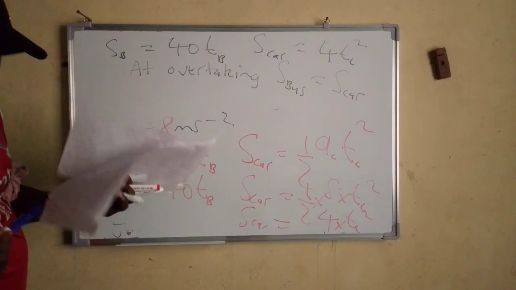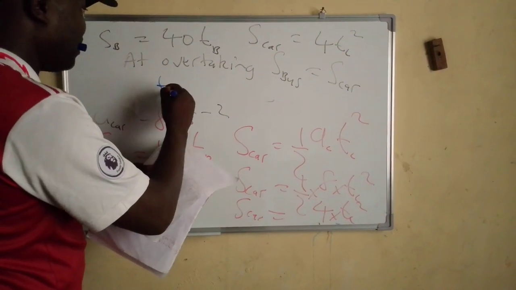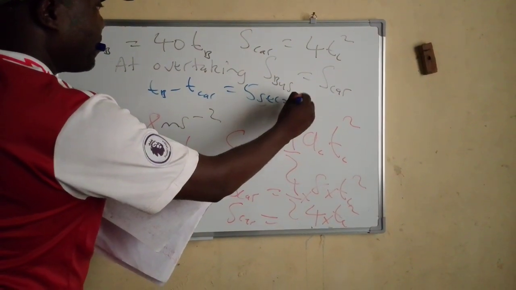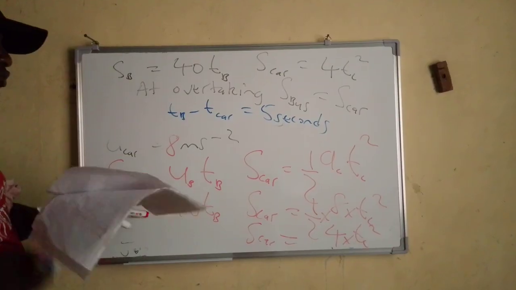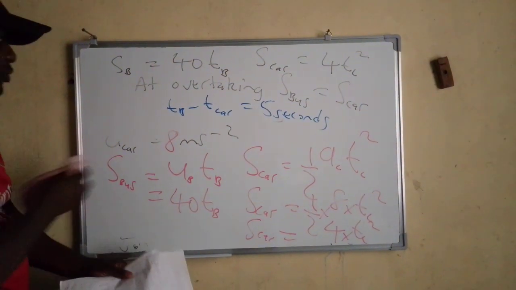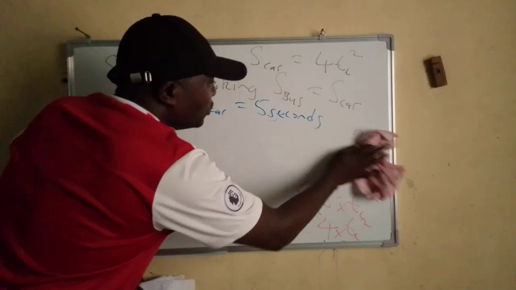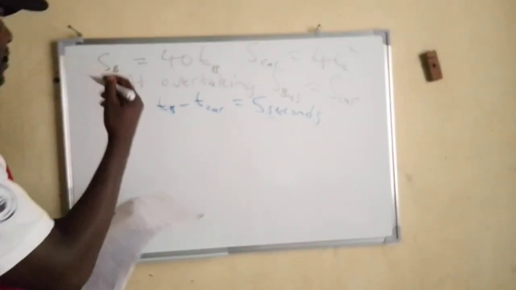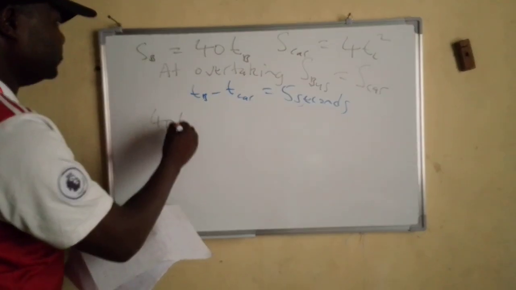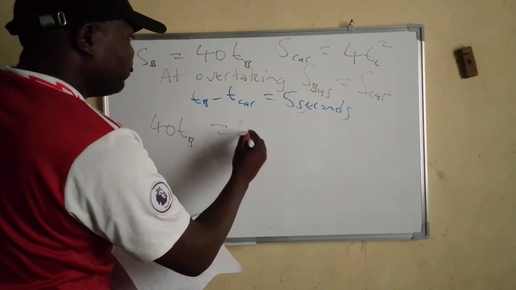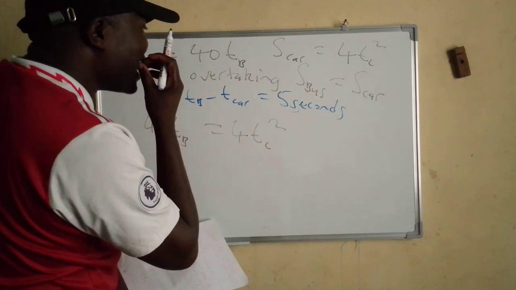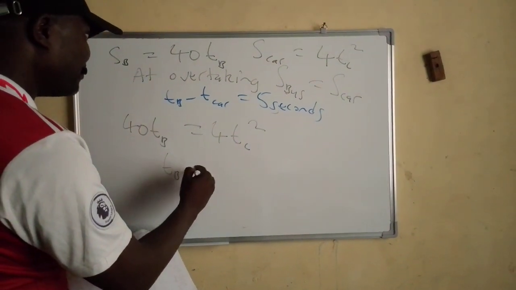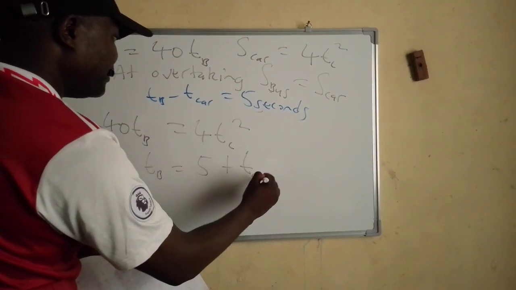And we have agreed that the difference between the time of the bus and the time of the car is 5 seconds. Agreed. So let's quickly lay down the solution to this. Our solution is simple. S bus is 40 t, then for the car it is 4 t squared. So what is the time traveled by the car? We eliminate the time for the bus and say 5 plus t for the car.